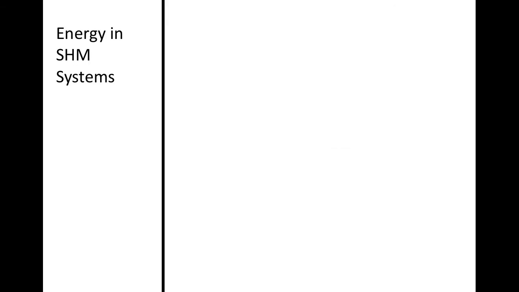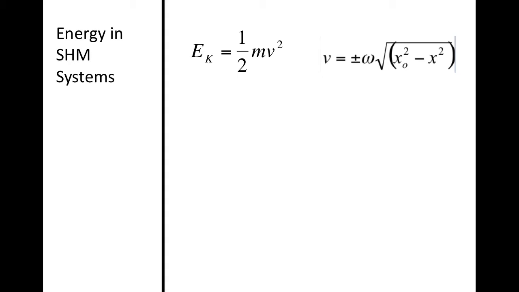When determining energy in simple harmonic motion, we need to derive an equation that will incorporate both energy and simple harmonic motion. So we are going to use the energy equation here, which is the kinetic energy equaling 1/2 mv squared. We use this equation here because they share the same variable, velocity.